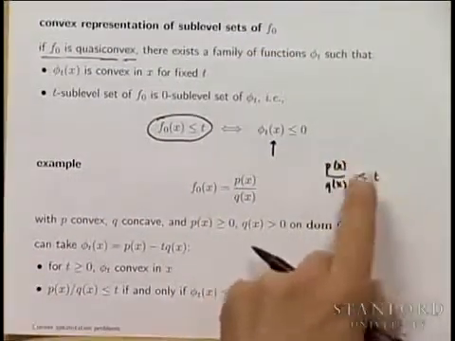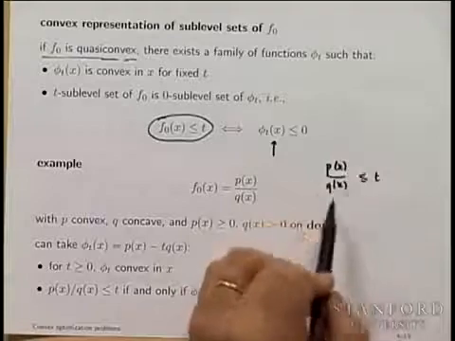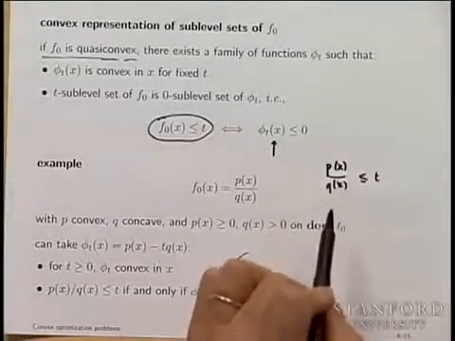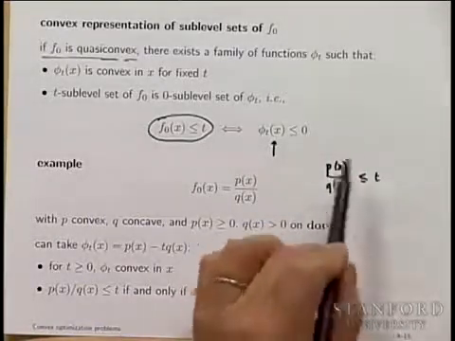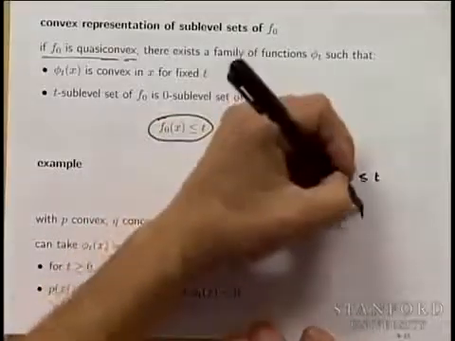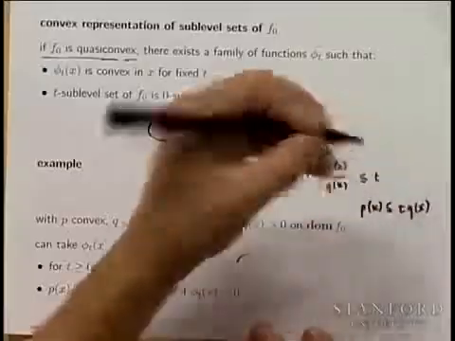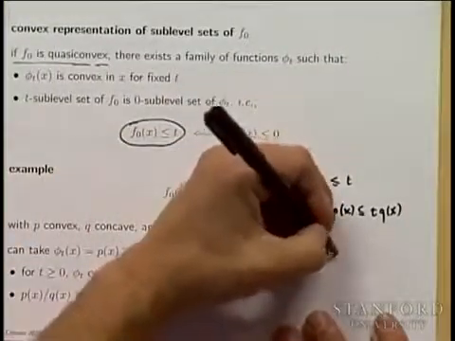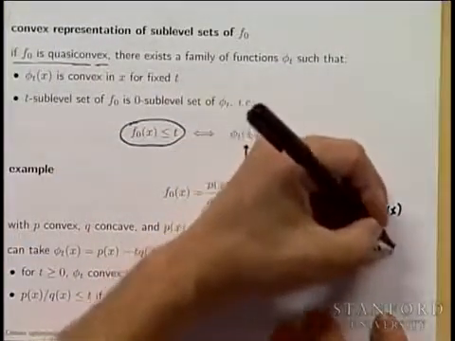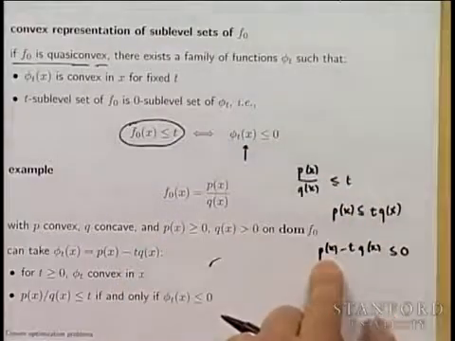By the way, if this were a convex function of x and t, that would be the proof that this function is convex in x. It's not convex, it's quasi-convex. That means t, consider fixed, and you want to know is the set of x that satisfies this convex. That's the question. So you just multiply through, and you get p of x is less than t times q of x. Now you're in pretty good shape, because I write that as p of x minus t q of x is less than 0.